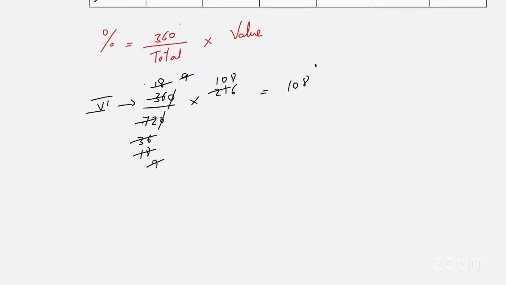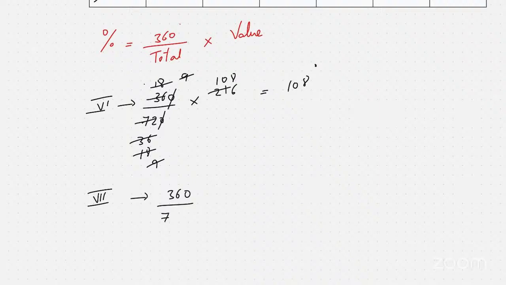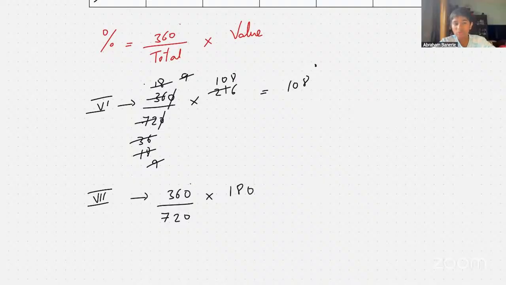Then scroll up. 7th class we will find out. Do the same thing. 360 divided by total 720 multiplied by 180. 90, ma'am, because this is 720, we just have to divide everything by 2.